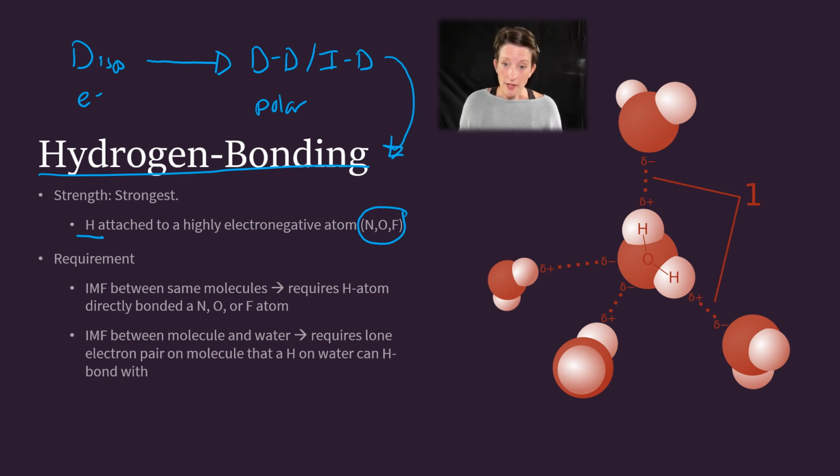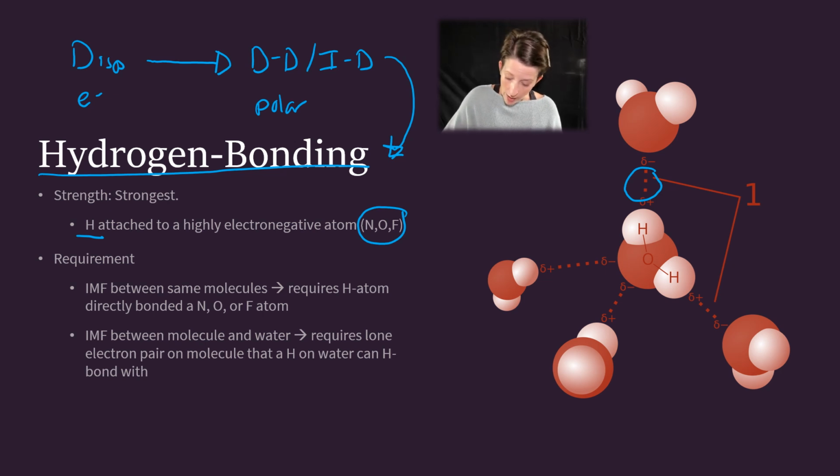When we represent hydrogen bonding, we will actually use dotted lines to represent the strength of that force. They have found that hydrogen bonding is about 5% the strength of a covalent bond, so not a bond in and of itself, but it is the strongest force present and dictates a lot of properties for some compounds.